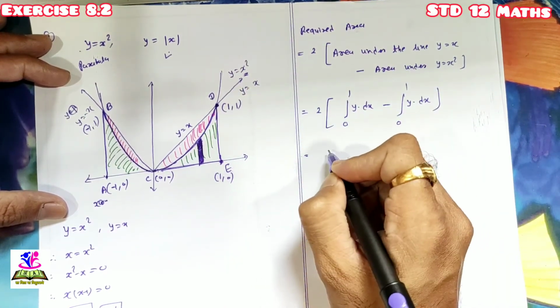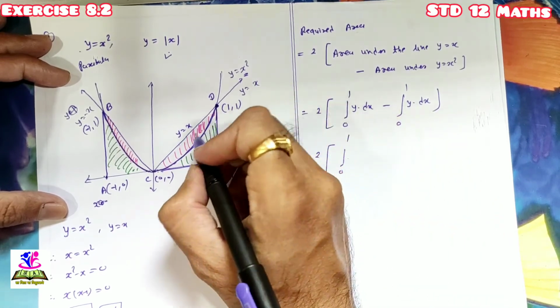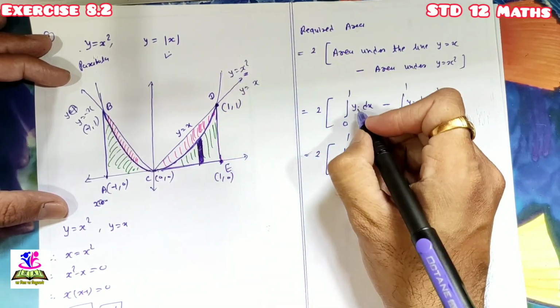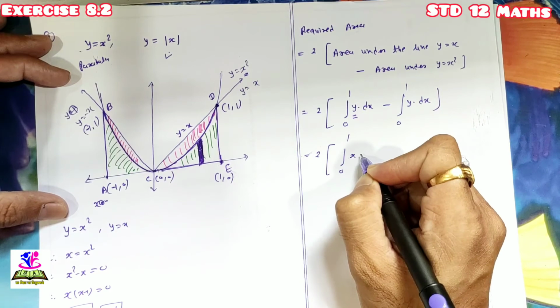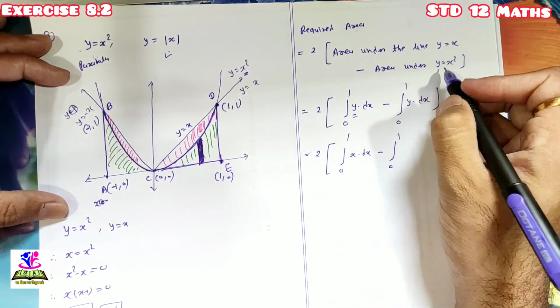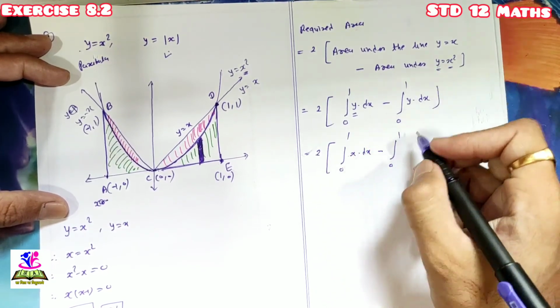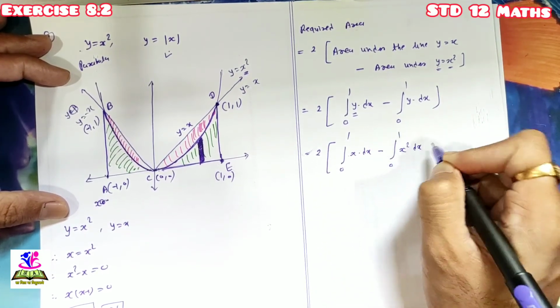So put this value of y, so it's twice of integral 0 to 1, line is y equal to x, so here y equal to x, that is x dx, minus 0 to 1, curve is y equal to x square, है ना, देखो y equal to x लिखा है तो x, और y equal to x square तो ये x square dx.